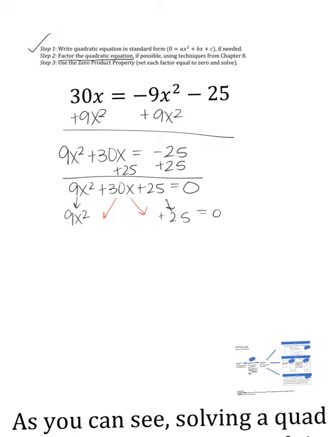To decide what those 2 middle terms will be, we're going to take a look at our x. Our giant x method tells us we're going to find what 2 numbers multiply to be a times c, or 9 times 25, which is 225, and add to be b, which is 30.